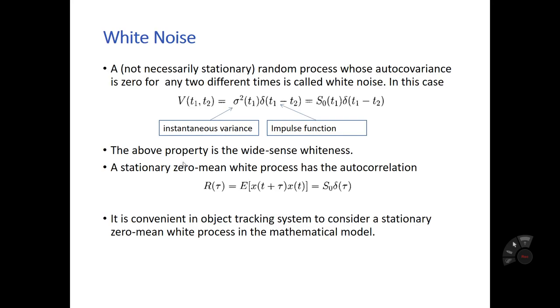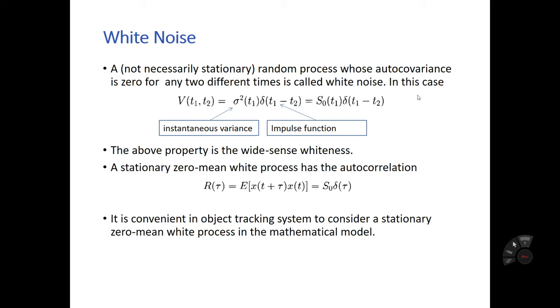The white noise is not necessarily stationary. It can be random or Gaussian noise whose autocovariance is 0 for any two different times, and it is called white noise. So it has 0 mean and some covariance.